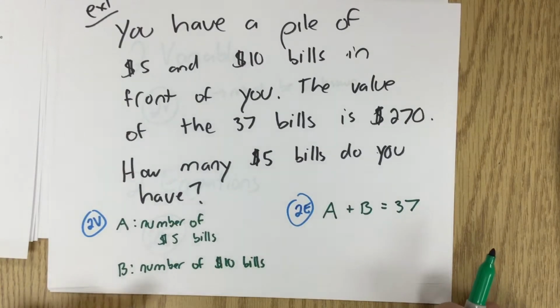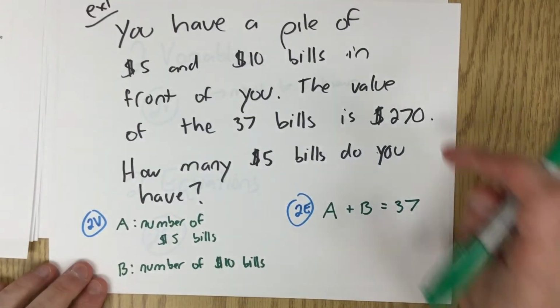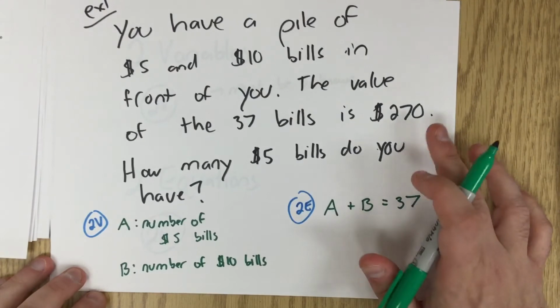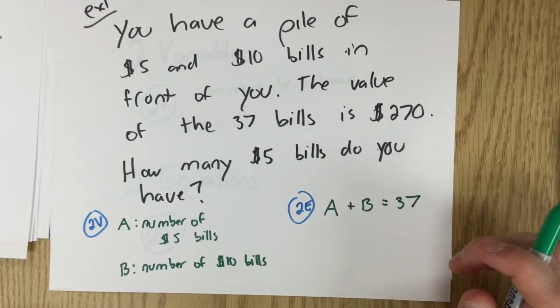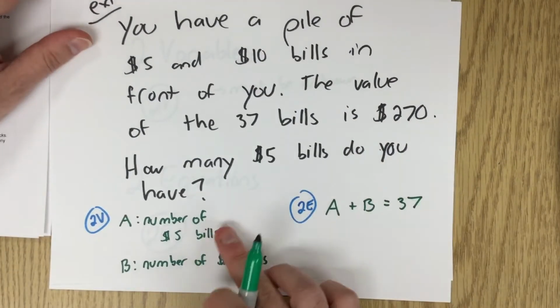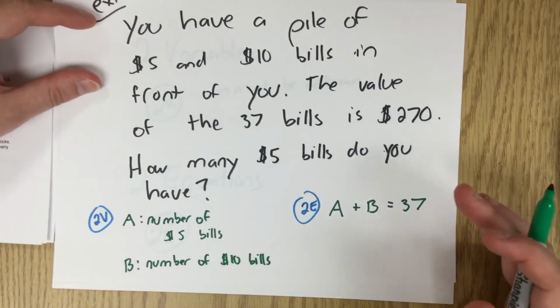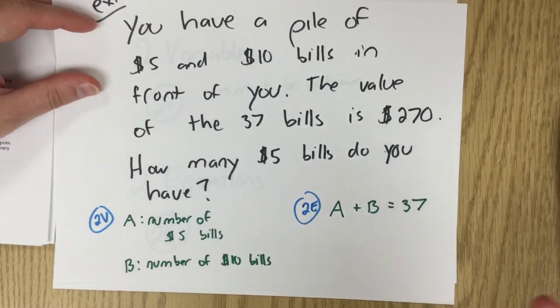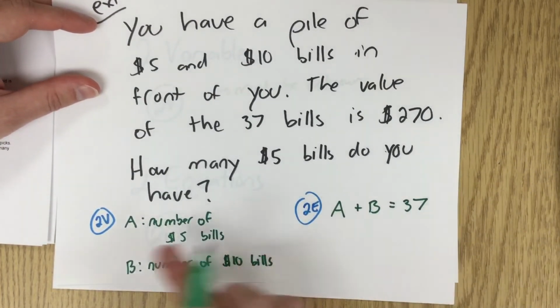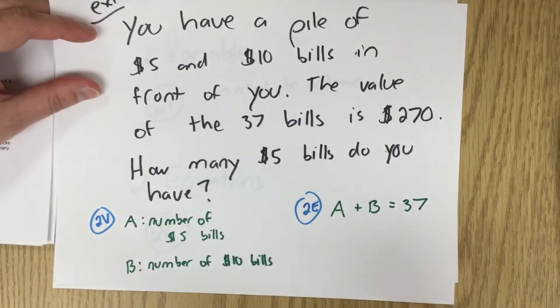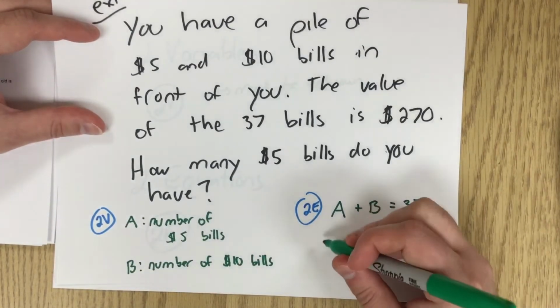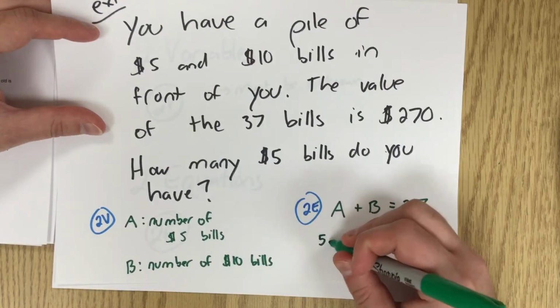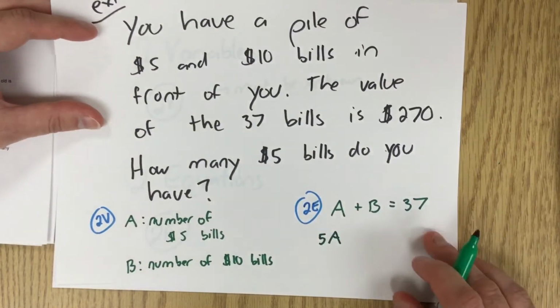Now the second equation is probably something to do with that 270. So that's going to be the value. If I had three $5 bills, it would be 3 times 5. If I had 7 $5 bills, it would be 7 times 5. If I have a $5 bills, it's going to be a times 5, otherwise known as 5a. So this over here is the value of the $5 bills.